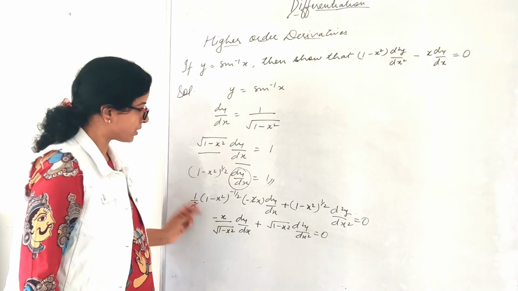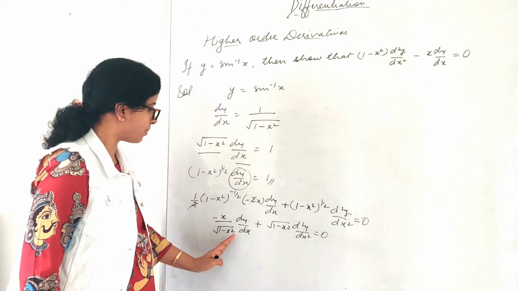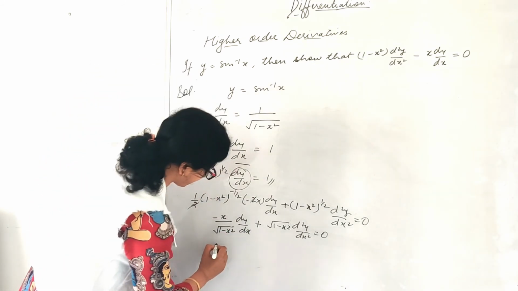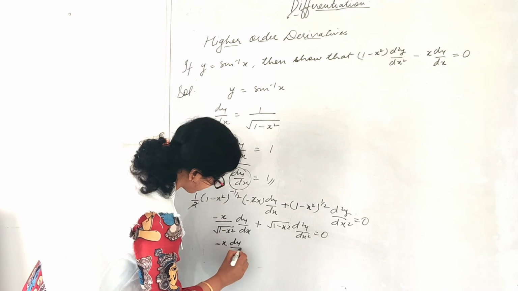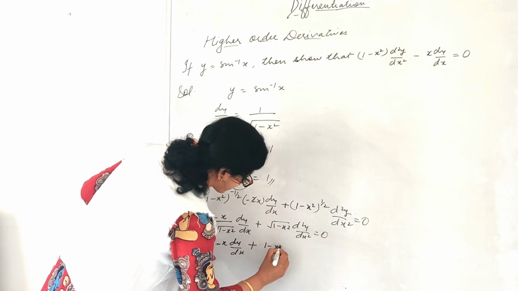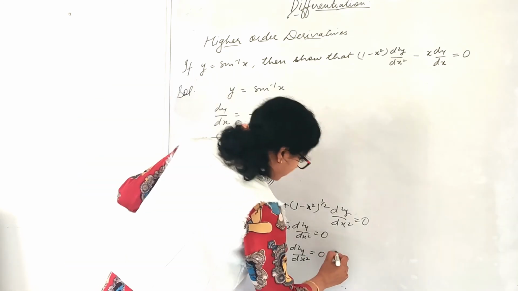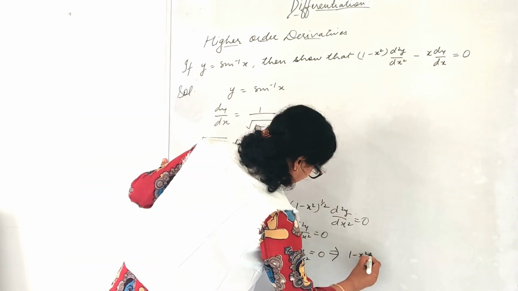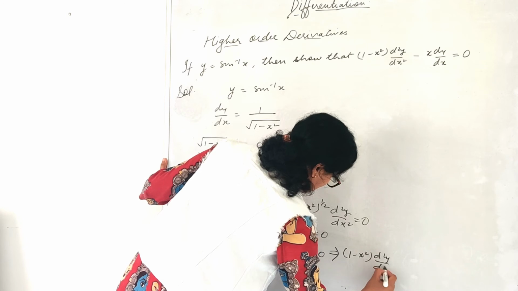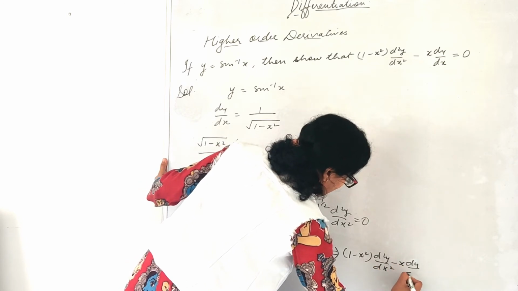Now throughout I'll multiply by under root 1 minus x square. So I'll get minus x dy by dx plus 1 minus x square d2y by dx2 equals to 0. Rewrite this as 1 minus x square d2y by dx2 minus x dy by dx equals to 0.